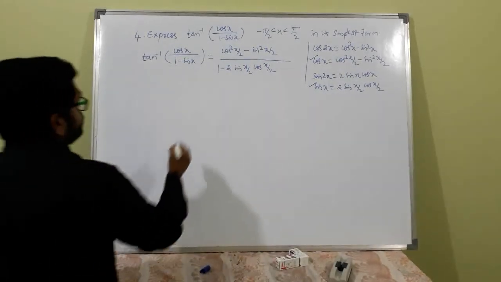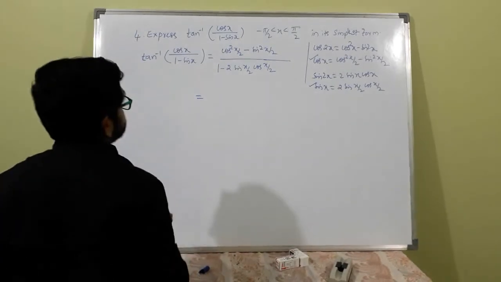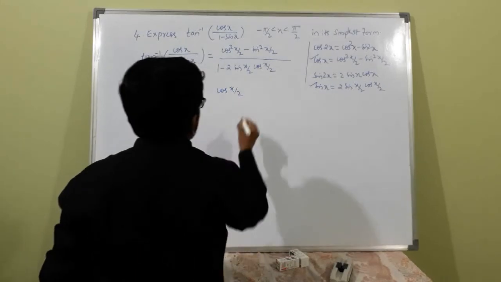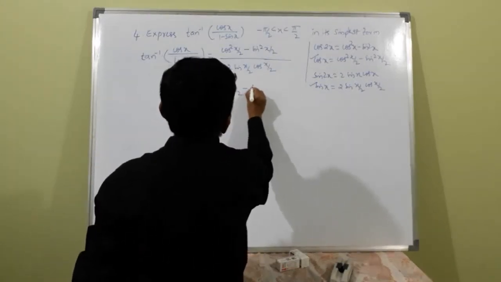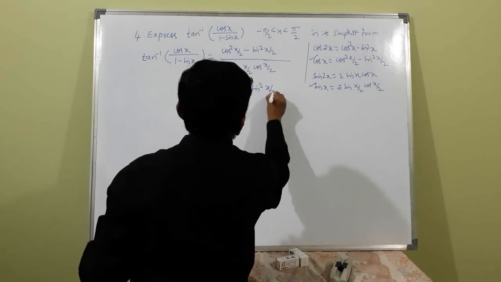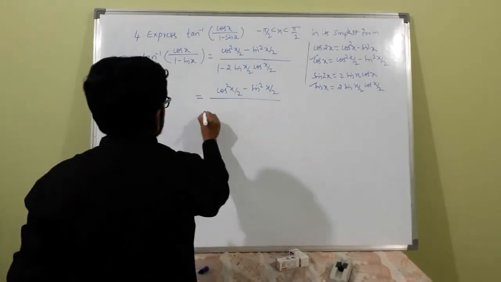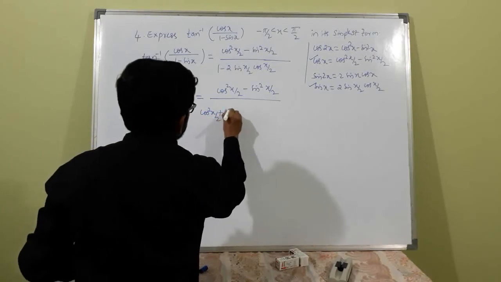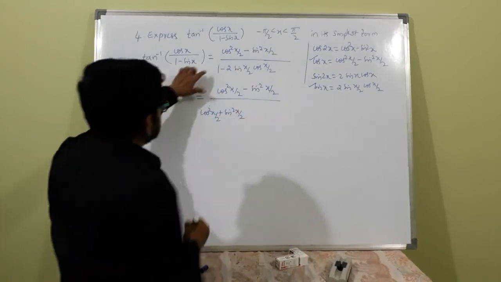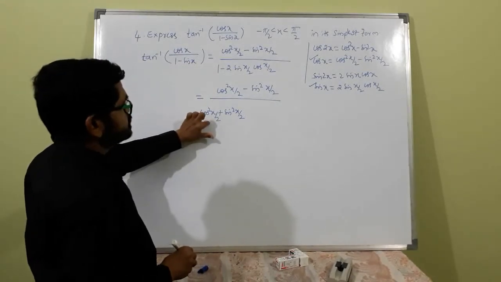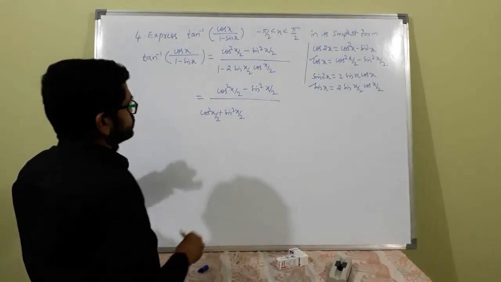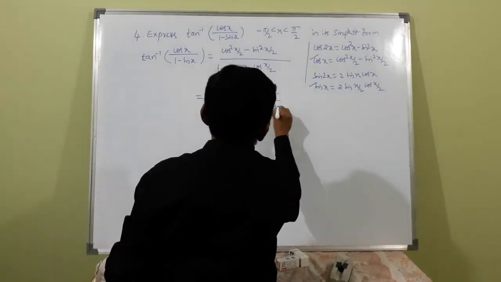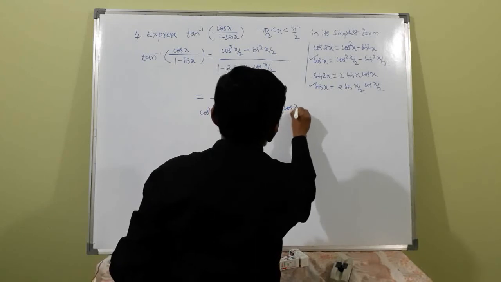Okay, what is 1? 1 is cos squared x by 2 plus sin squared x by 2. I write 1 as this. Sin squared theta plus cos squared theta is equal to 1. Here theta is x by 2, minus 2 sin x by 2 cos x by 2.